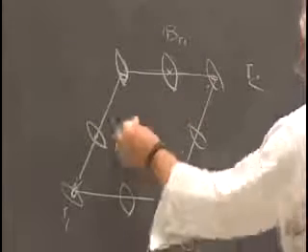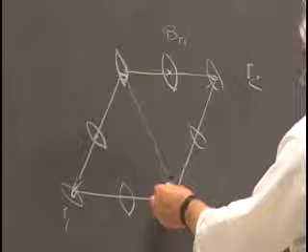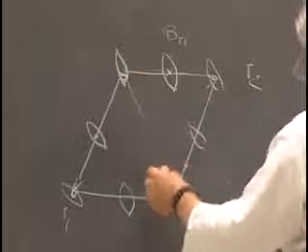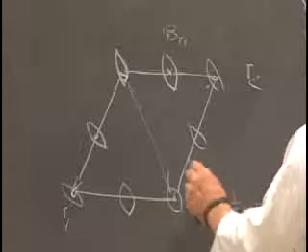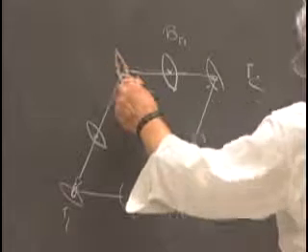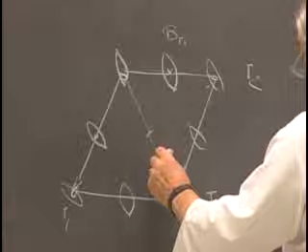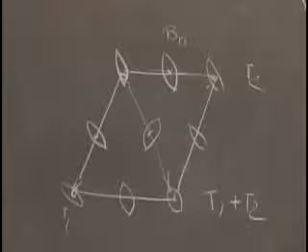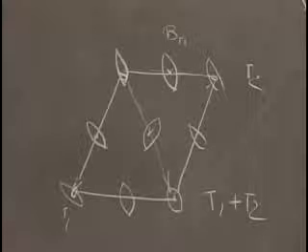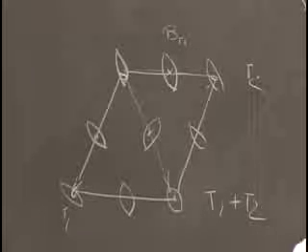And then the only other thing that I have to combine this rotation with is the translation t1 plus t2. And that combined with A pi says I should have B pi in the middle of that translation as well. So I'll get another twofold axis in the middle of the cell. And that's it. We've got our first non-trivial two-dimensional space group.